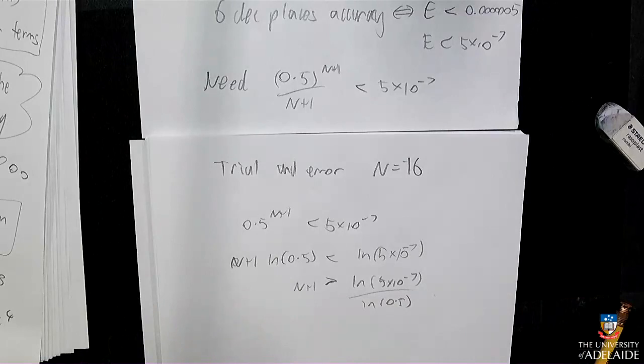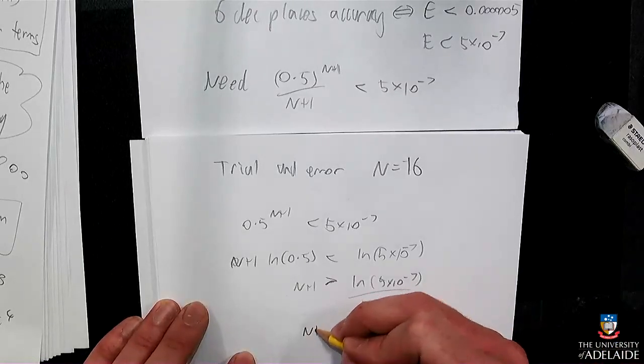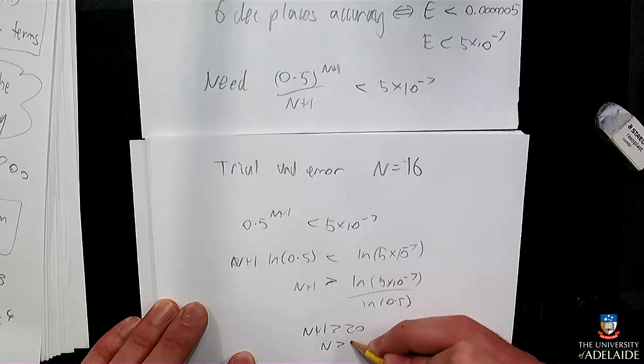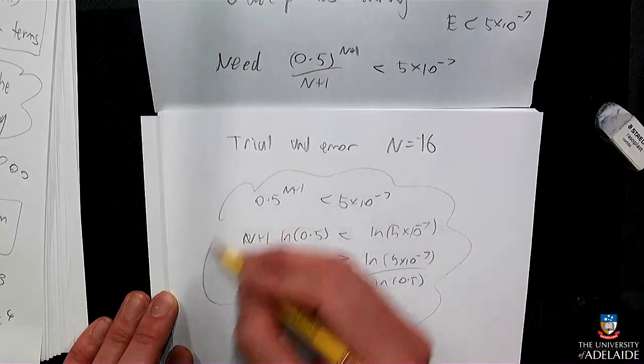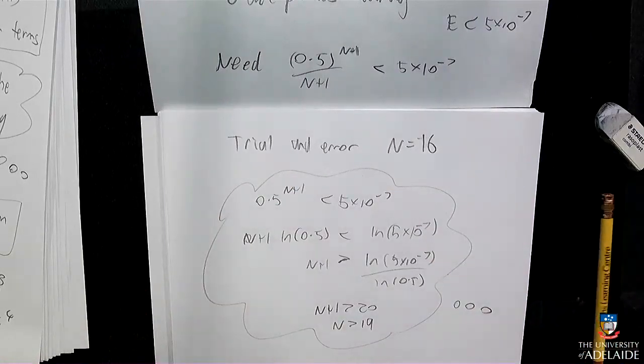So ln of 5 times 10 to the power of negative 7 divided by ln of 0.5. It's 20. Okay. All right. So if I hadn't had the n plus 1 on the bottom, I would have gotten n is greater than 19 using logarithms. And so I probably should have done that properly, and then I would have expected to do something near the 19 and start there and work my way down rather than starting at 1 and working my way all the way up.